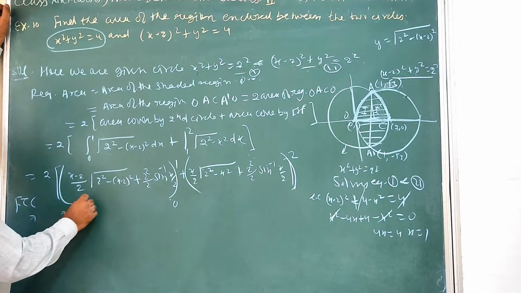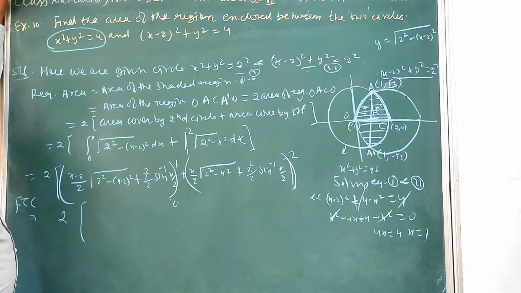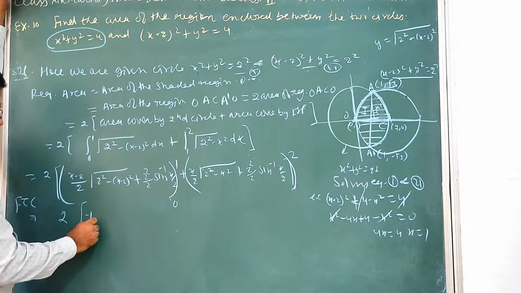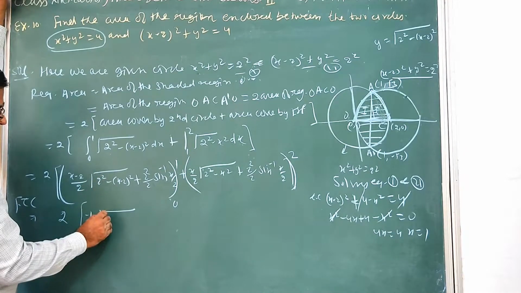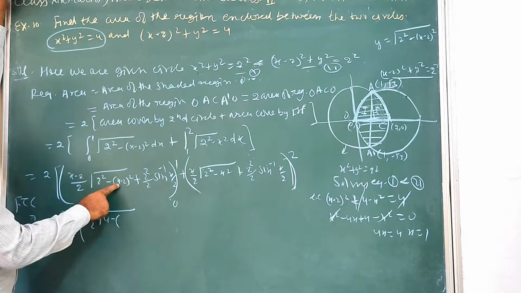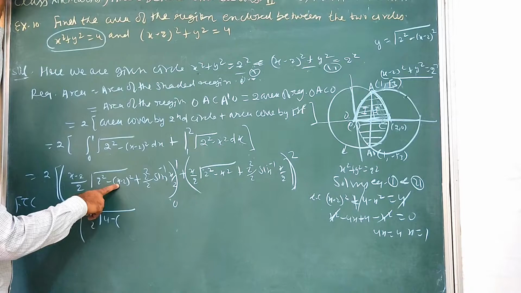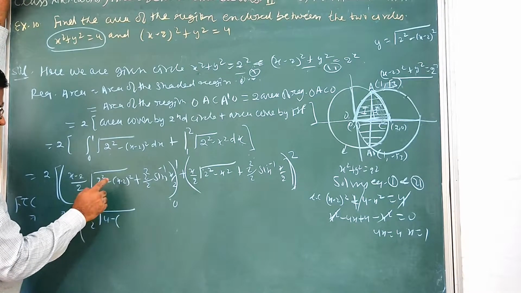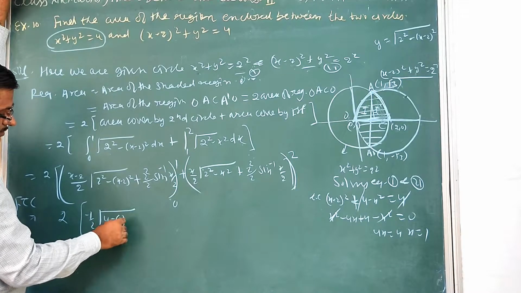So 2 is the whole multiple. Now put the upper limit x equals 1, minus 2, then minus 1 by 2. 2 square is 4 minus 1 square, plus 1, so this is 4 square 1.